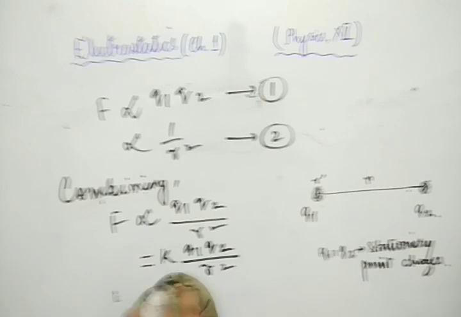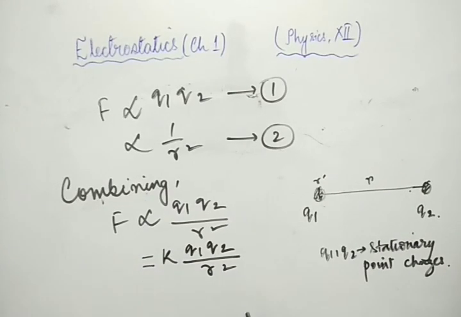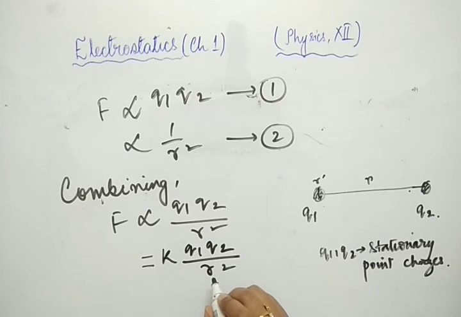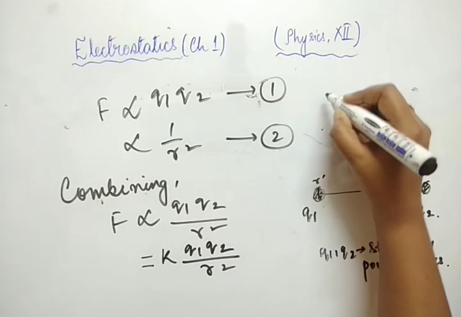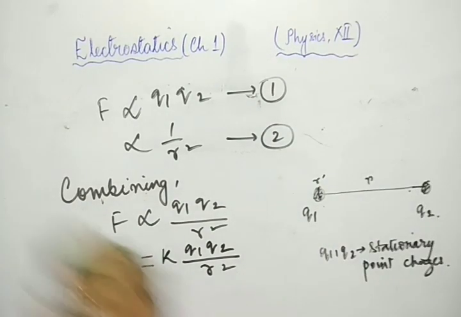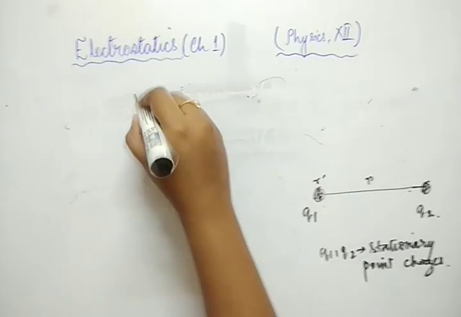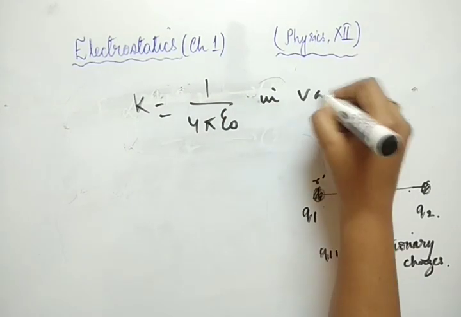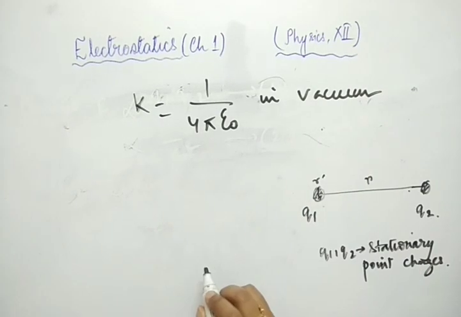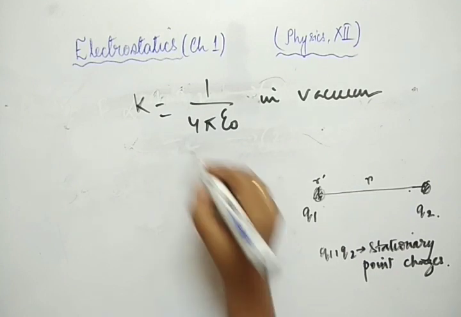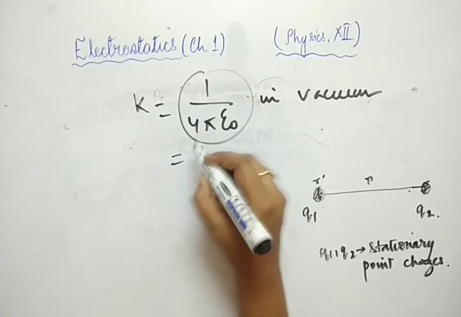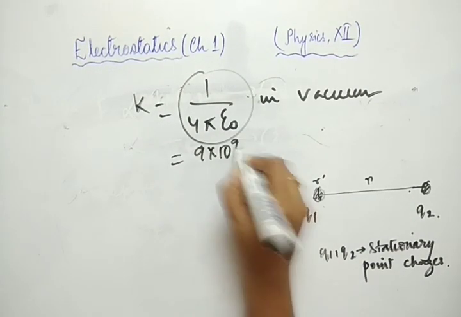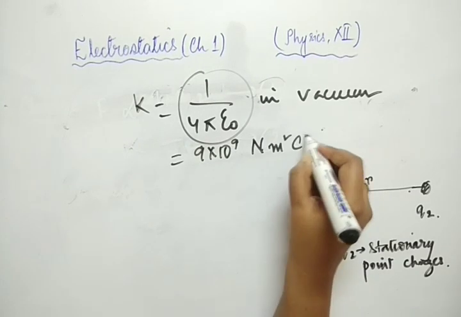Now, what is the value of K? So you should think, what is the value of K? K's value is 1 by 4 pi epsilon naught in vacuum. And this total thing has the value 9 into 10 to the power 9 Newton meter square per Coulomb square.